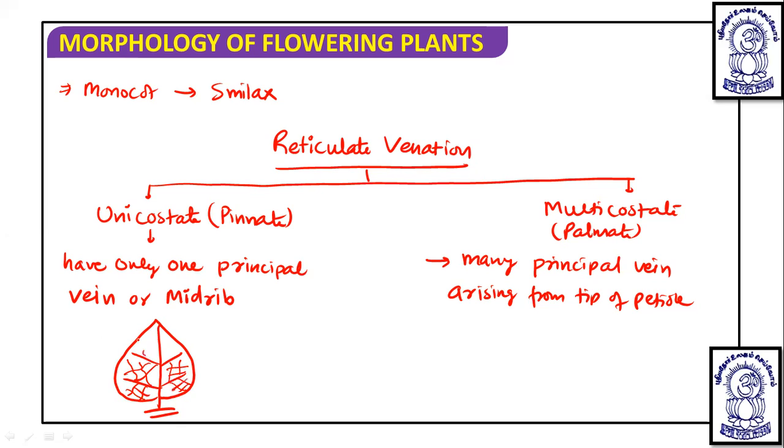Due to the presence of one principal vein and reticulate venation, it is unicostate reticulate venation, and this is seen in Apple and China rose.